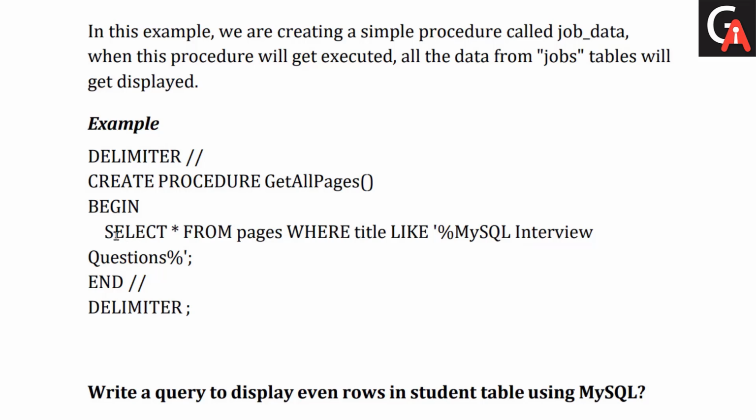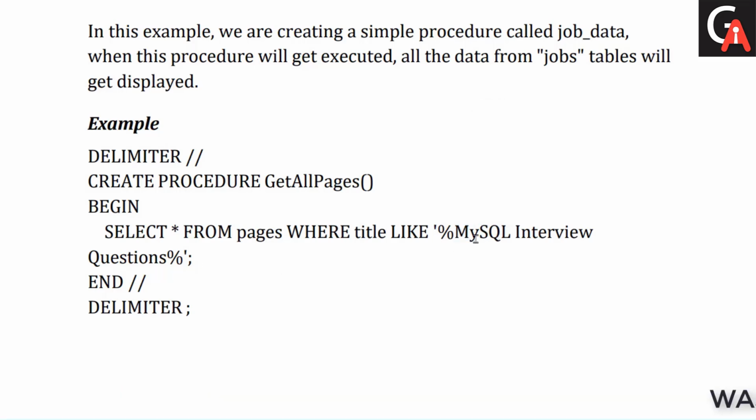This is a simple SQL query where we select all columns from the pages table where the title matches a pattern. So it's like ending with, or containing, MySQL interview questions, right?